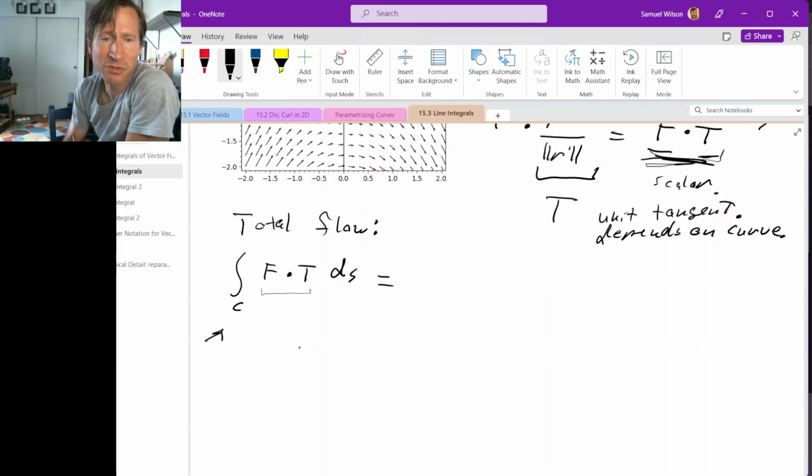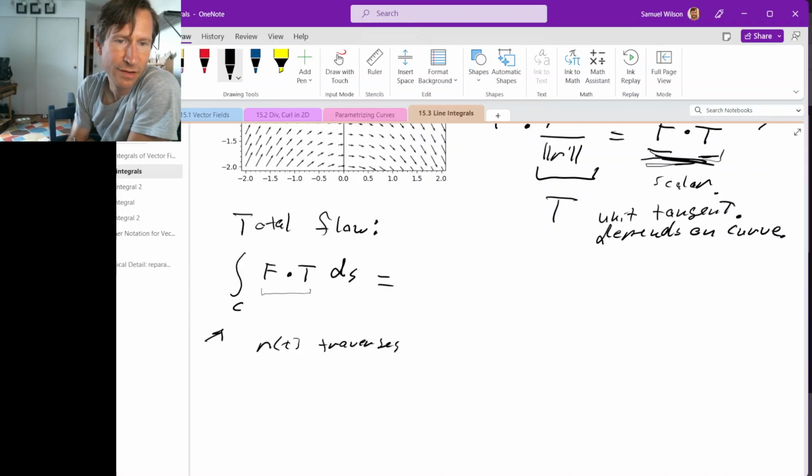So when I say parameterize it, remember that we're going to have a parametric curve r of t that traverses our curve C in the appropriate direction, in the positive direction.